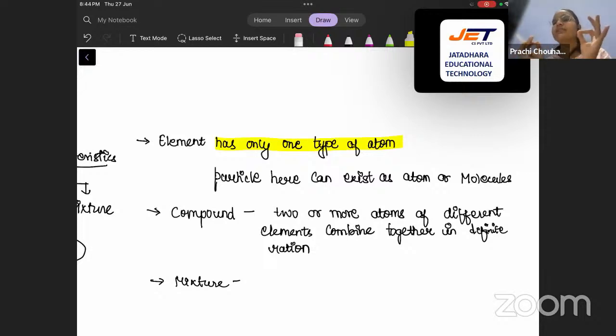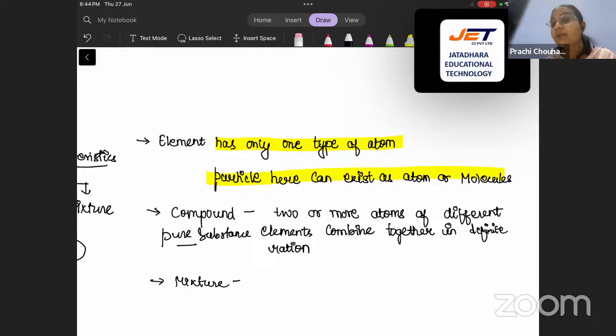These are the pure substances which have only one type of atom, and particles here can exist as atoms or molecules. In a similar way, how do we define compounds? Compounds are also pure substances. This is very important for you to know, that both of them are pure substances.